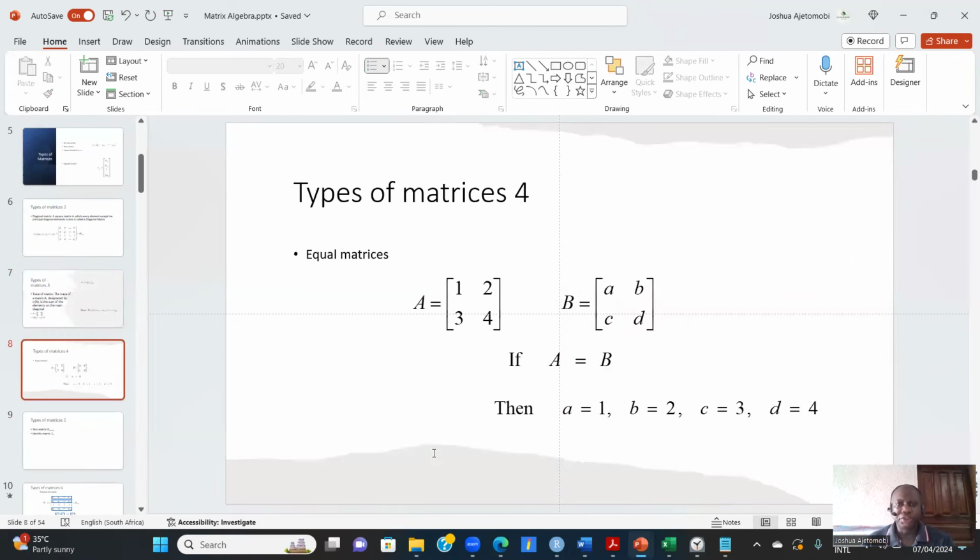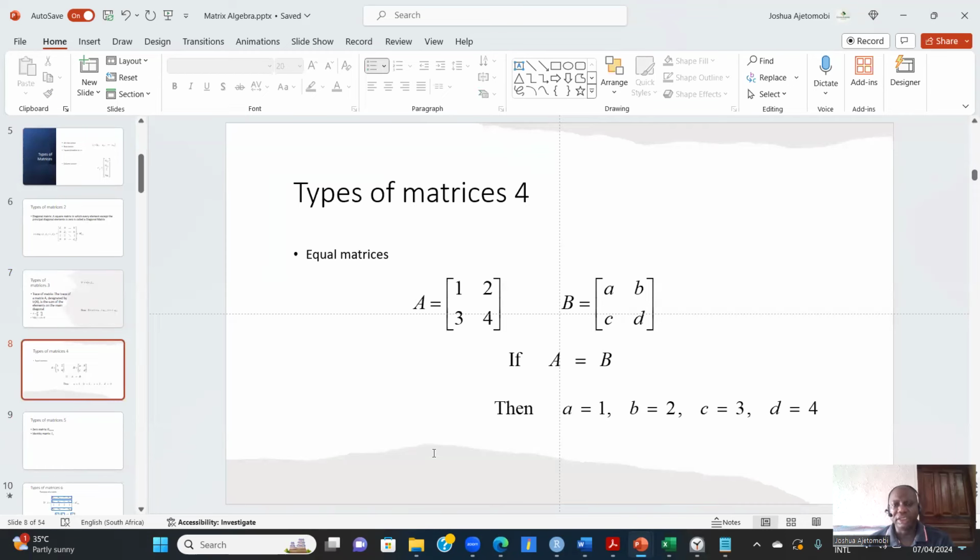Another type of matrices is equal matrices. Two matrices are equal if the corresponding elements are the same. Take, for instance, we have our A: 1, 2 for row 1, 3, 4 for row 2. And our B equals a, b, c, d.